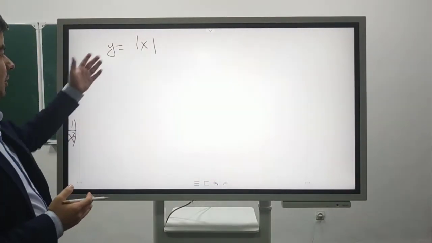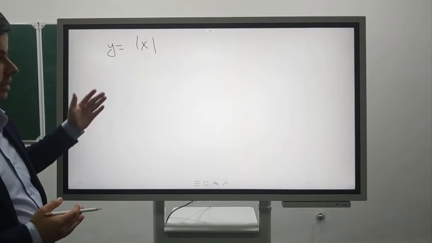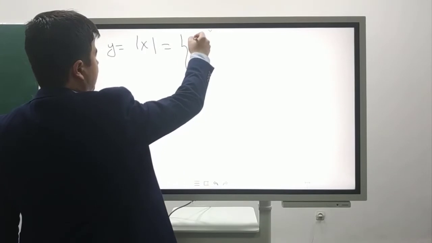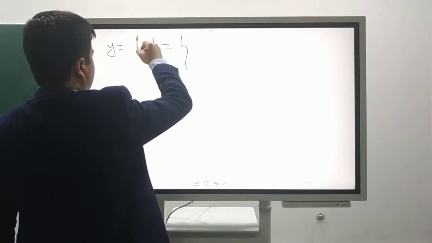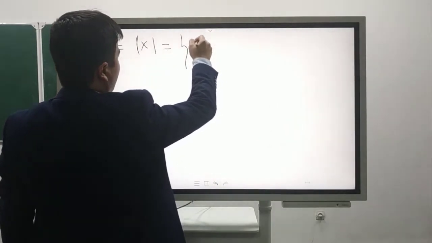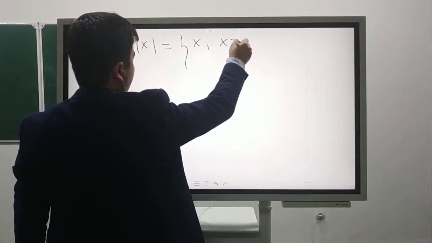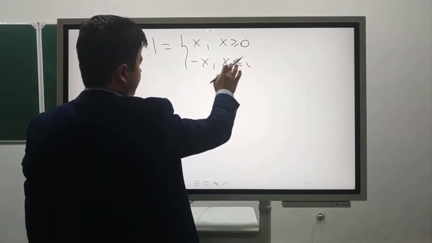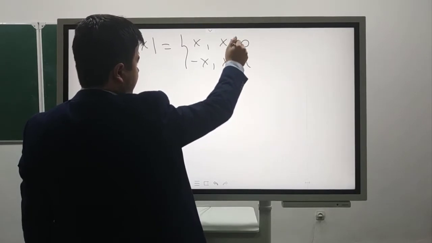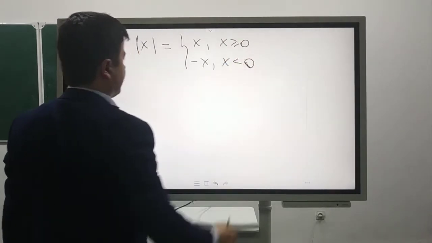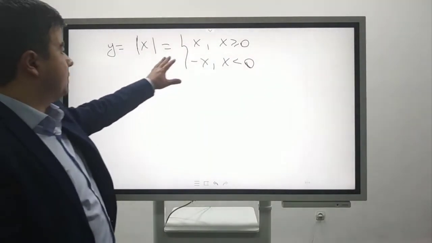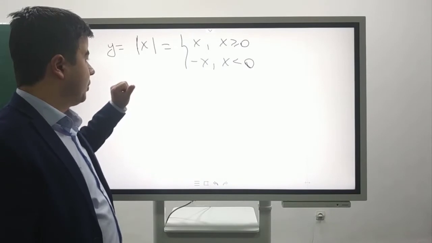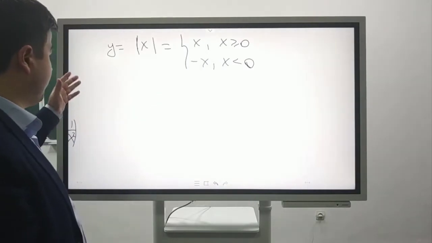You can say this is a very simple function, but however, the absolute value of x takes the value x if x is greater than or equal to 0, and minus x if x is less than 0. However, we add equality here, and here just less. So we can write our absolute value function in this form. And now we need to find the derivative of this function, y prime.